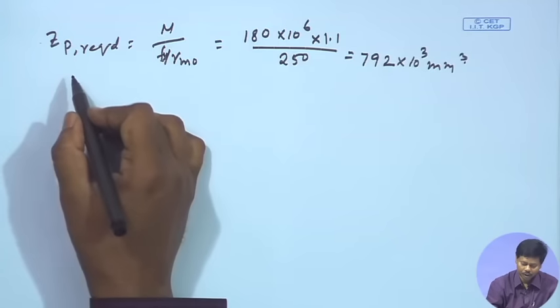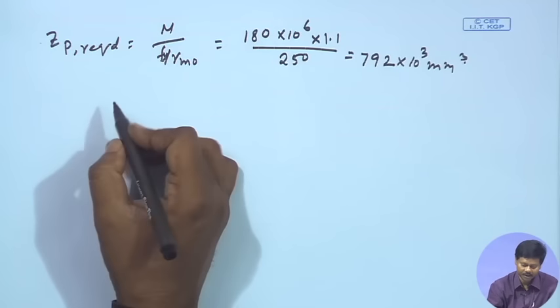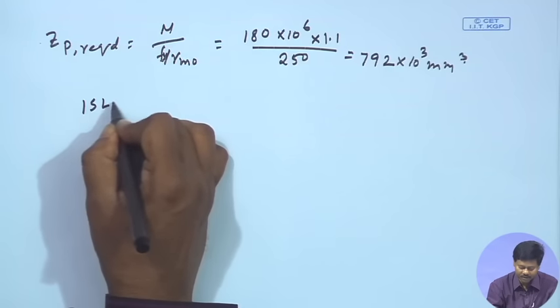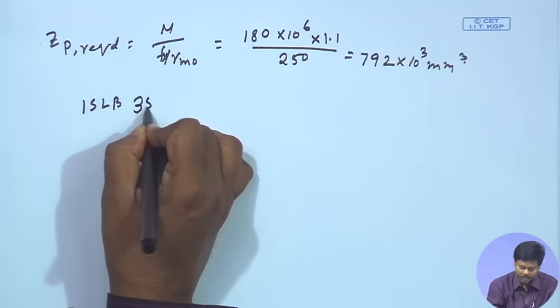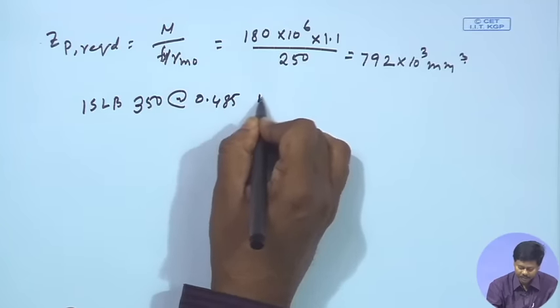Now, if we look into SP6, we can find an appropriate section as ISLB 350 at 0.485 kilonewton per meter.